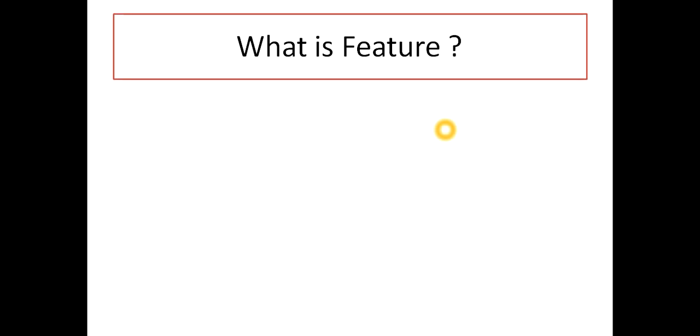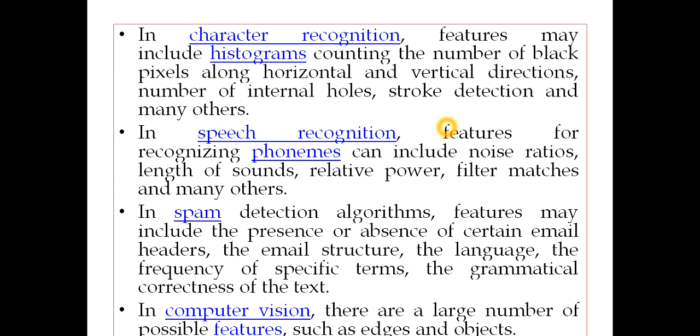First of all, you have to know what a feature is. As far as different areas are concerned, we have different definitions for it. In character recognition, features may include histograms counting the number of black pixels along horizontal and vertical directions. I hope you already know what a histogram is, because in one of my previous lectures I showed you what a histogram is and how to calculate and draw it.